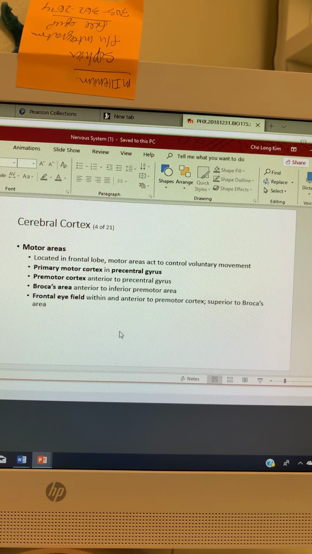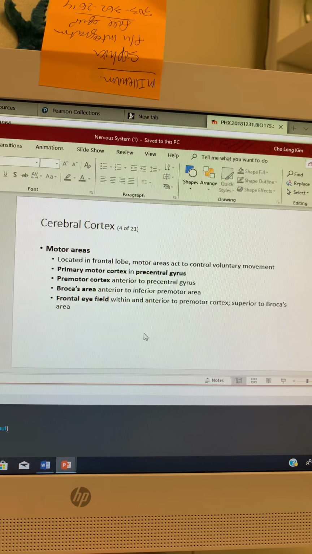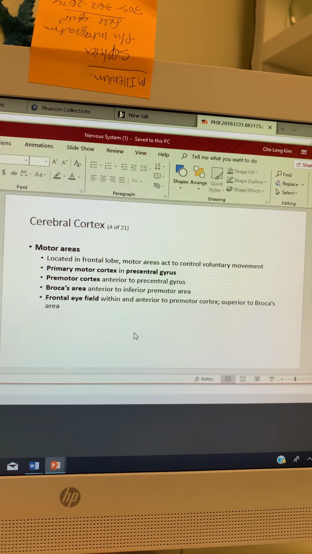Motor areas, we're going to talk about the primary motor area. When we talk about motor areas, they're located in the frontal lobe. Motor areas act to control voluntary movement, like we said.